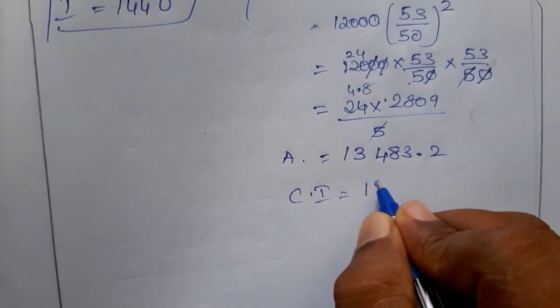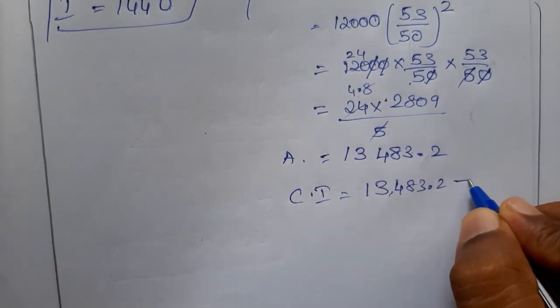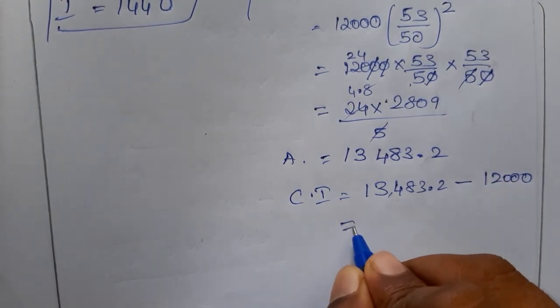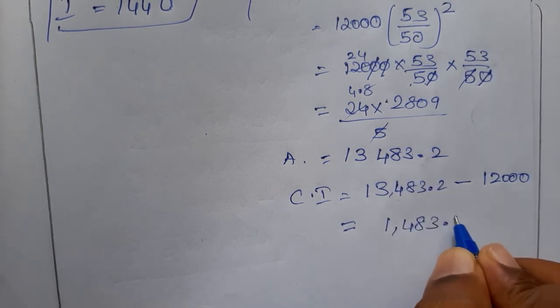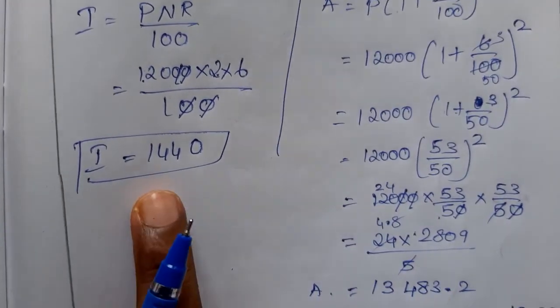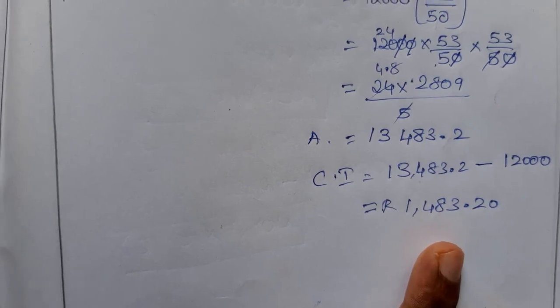So compound interest is equal to amount minus the principal. The principal is 12,000. So if we subtract, we will be getting 1,483.20 paise. So here simple interest is paying 1,440, here 1,483. So what is the difference?